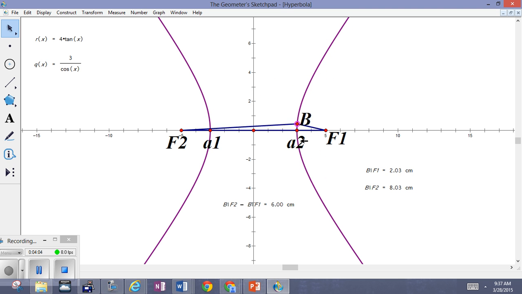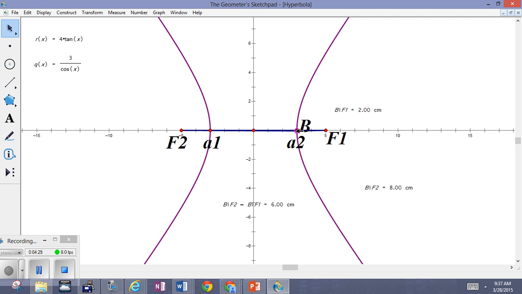Now, you should ask, well, why is that always 6 and not something else? Well, let's take a look, okay? Let's look at these individual pieces. Let's look specifically at BF1. Now, what we're going to notice is that as B gets closer and closer to this vertex point, my value gets closer and closer to 2.